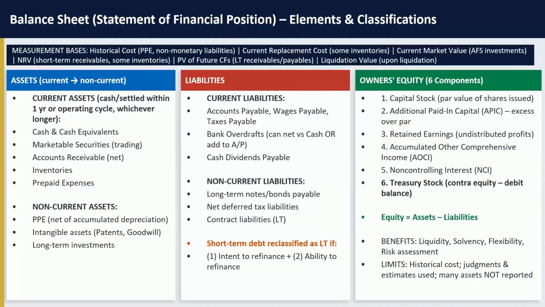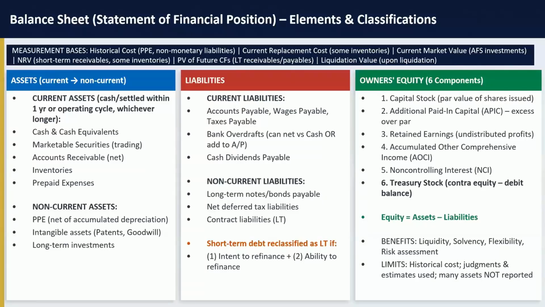Then comes AOCI, accumulated other comprehensive income. From the comprehensive income, your other comprehensive income balances will flow into AOCI. It's a permanent balance sheet account. Then comes non-controlling interest. We shall discuss NCI in consolidations. Then treasury stock. As we know, it's contra equity. It is repurchasing our company's shares by paying through retained earnings.